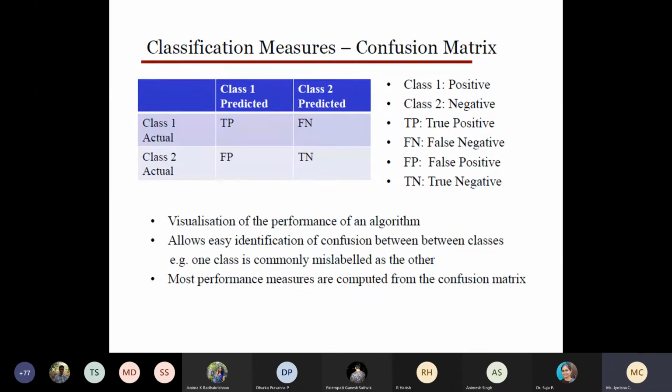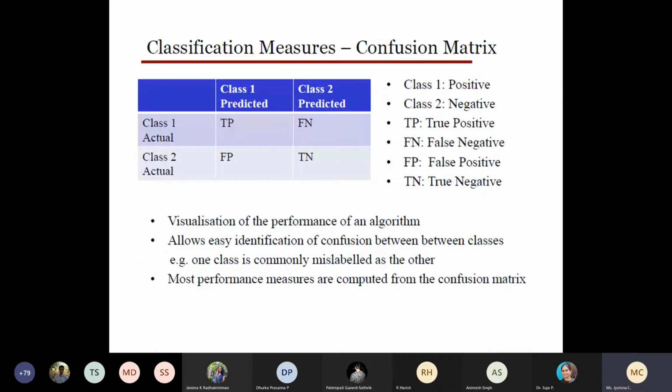It is represented as TP in this confusion matrix. The other one: it actually belongs to class 1, but you predicted wrongly as class 2. That is called false negative.